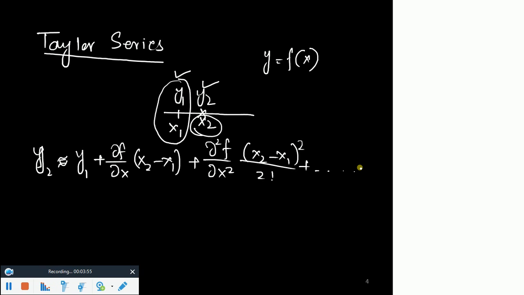So this is the Taylor series. Now, my point is that you want to approximate the function value at the next point when you have the information at the previous point and you know partial f by partial x, the delta term, the derivative term.